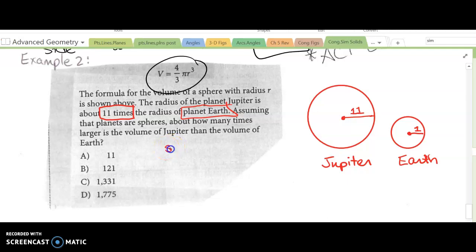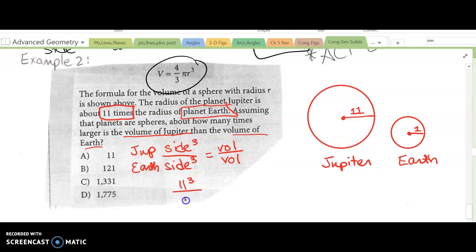So since we're talking about volume compared to volume, we know that side cubed, and these are radii, spheres don't technically have sides, side cubed compared to side cubed equals the volume to volume ratio. So if we do Jupiter on top and Earth on the bottom, we're talking about 11 cubed to 1 cubed.